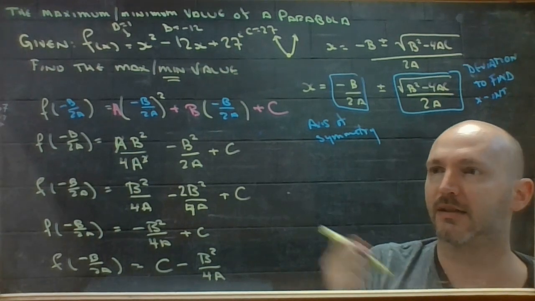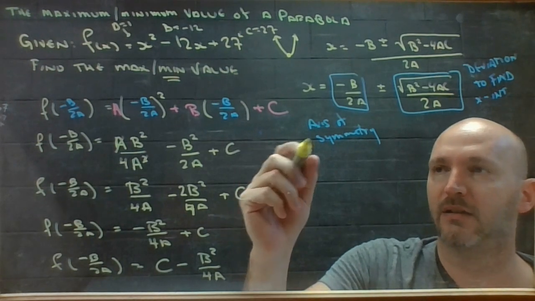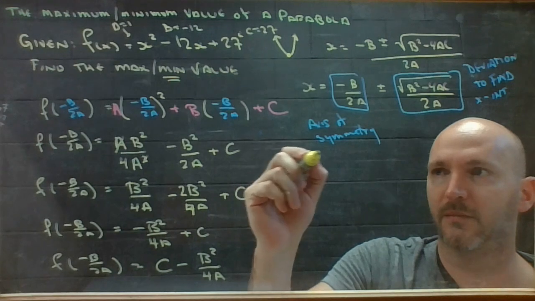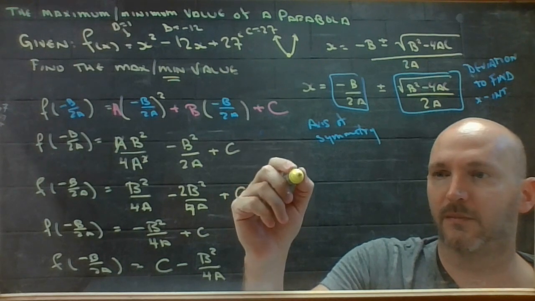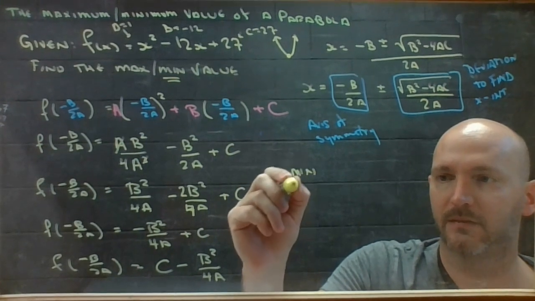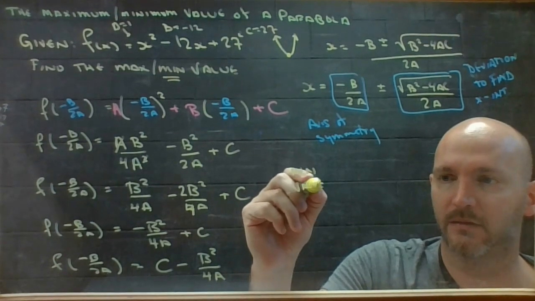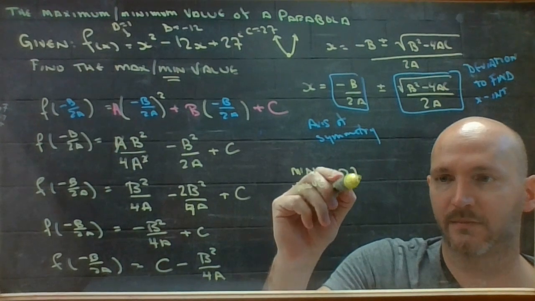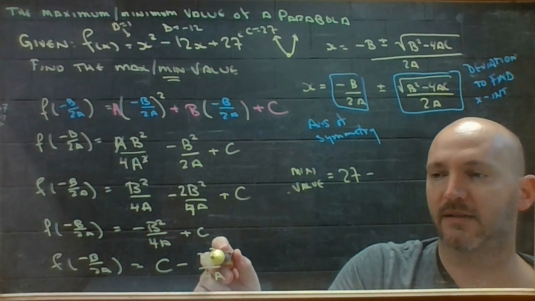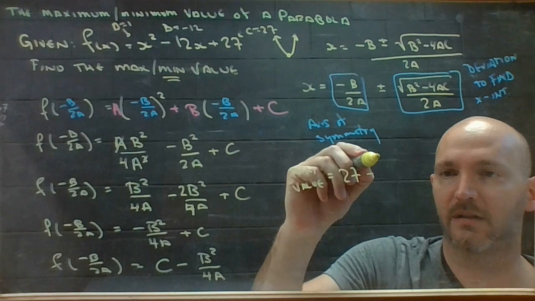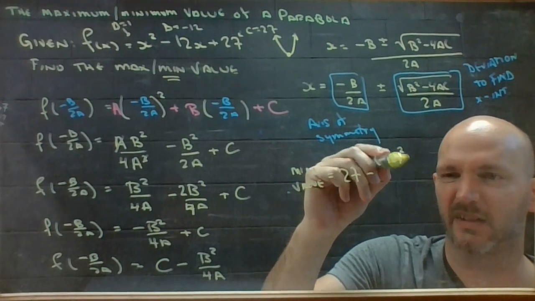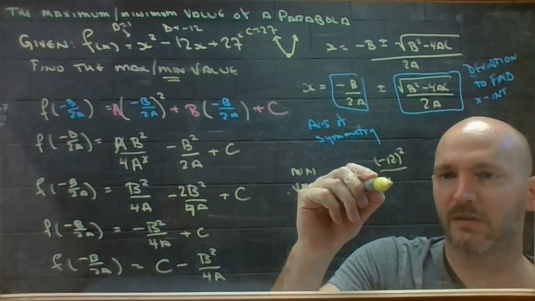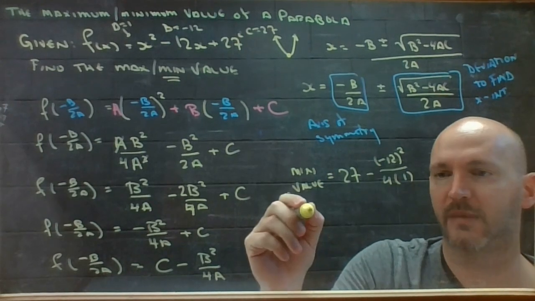So let's see. My min value should be the c, which is 27. Subtract the b squared, I'll just write it in there, over 4 times the a value.